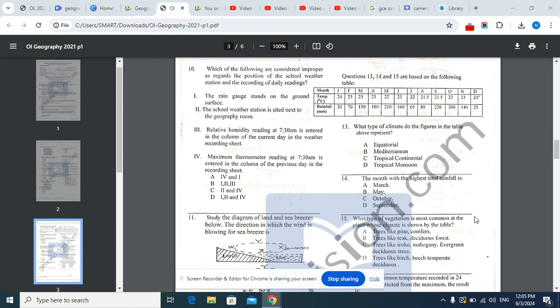What type of climate do the figures in the table above represent? The answer is A. Question 14. The month with the highest total rainfall is. The answer is C.